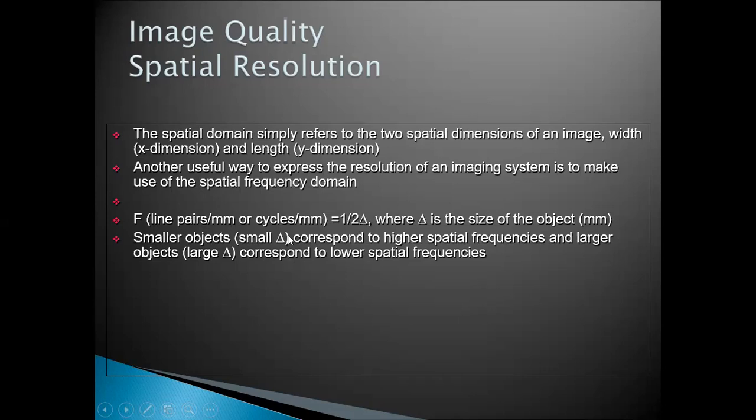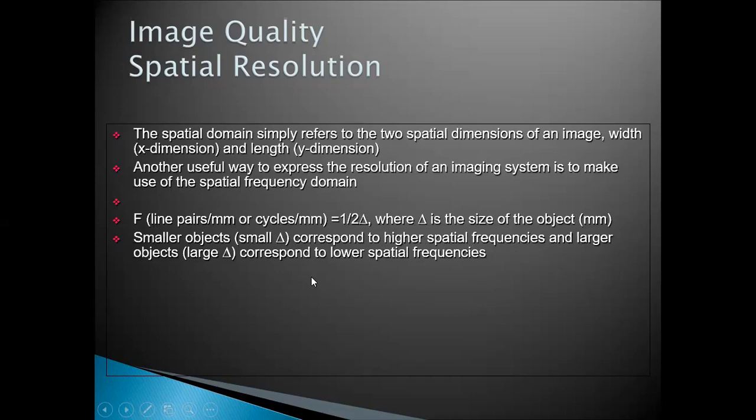Smaller objects, with a smaller delta, correspond to high spatial frequency, and larger objects correspond to lower spatial frequency. What this means is that for smaller objects, the imaging system should be able to resolve them, and for it to resolve them, it has to have a high spatial frequency.